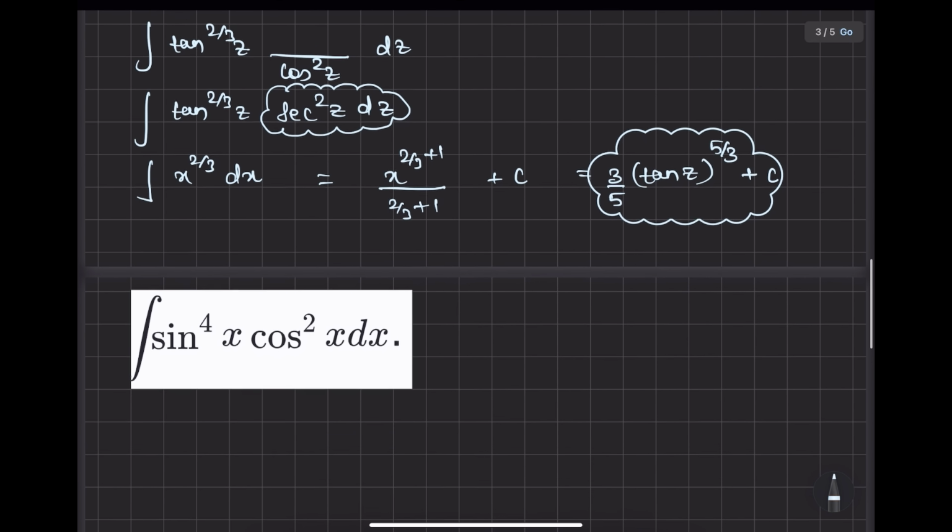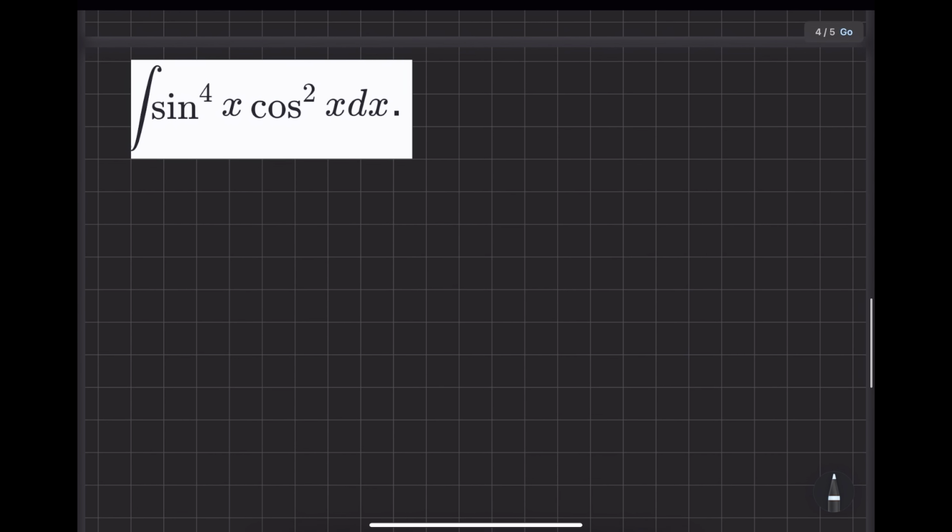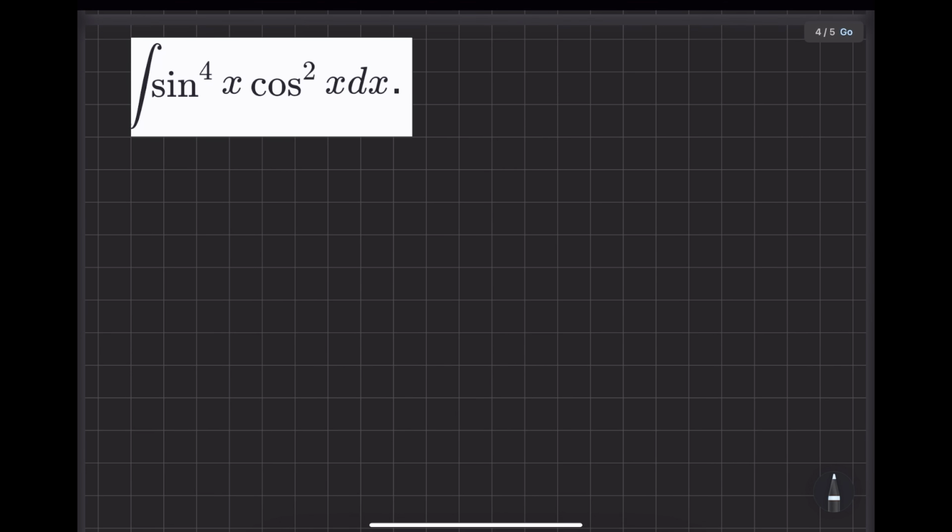Okay, now let's move on to the next illustration. So you know that if sine and cos are together, we used to think about the power of sine and cos. If sine to the power odd is there, we will take cos as z. If cos has odd power, I will be taking sine as z.